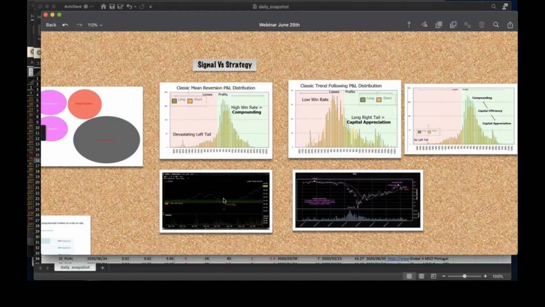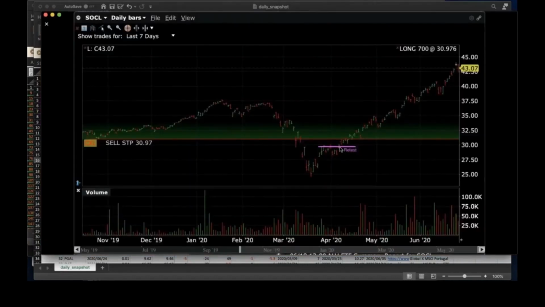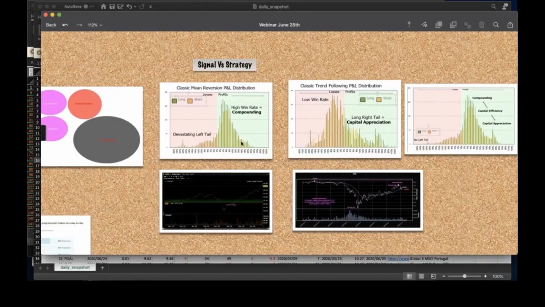Another way to look at it is what I did here. I went long with my sloppy execution. I closed part of the trade. I think it was somewhere around here. And then that thing just happened to continue. So what we're doing here is we're trying to capture high win rate, small profits.